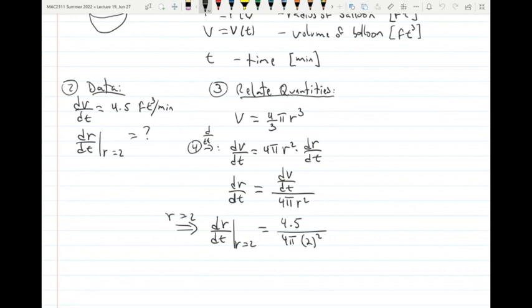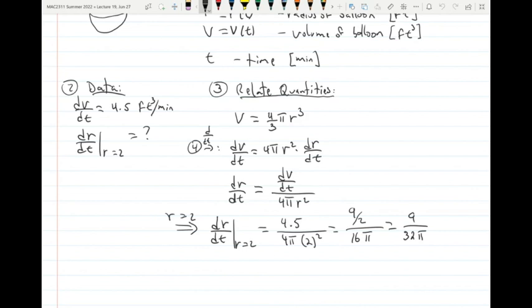Everybody okay with this? All right, so let's do this. I want to get the exact answer. 4.5 is the same thing as 9 over 2. And then this is 4 times 4, 16. That's 16 pi. So it's going to be 9 over 32 pi. Okay, that's the exact answer.